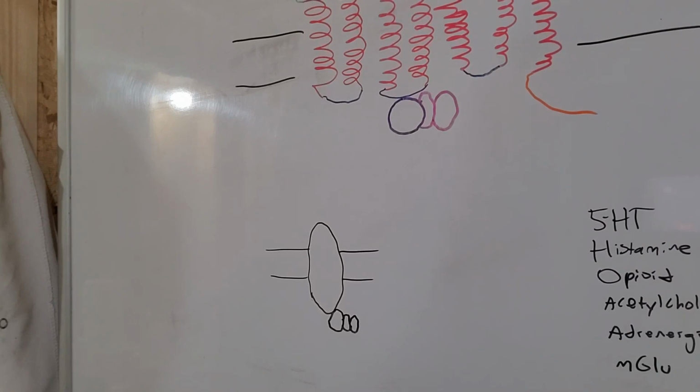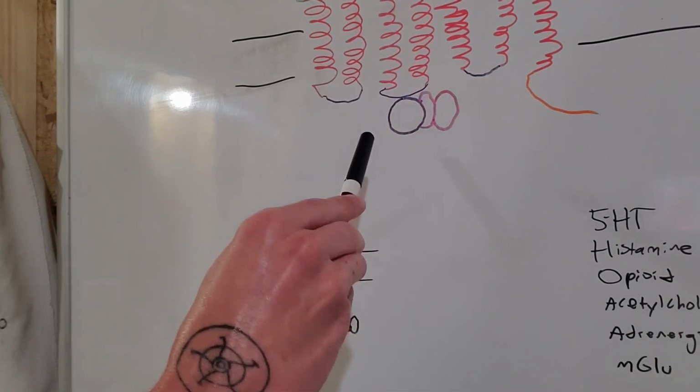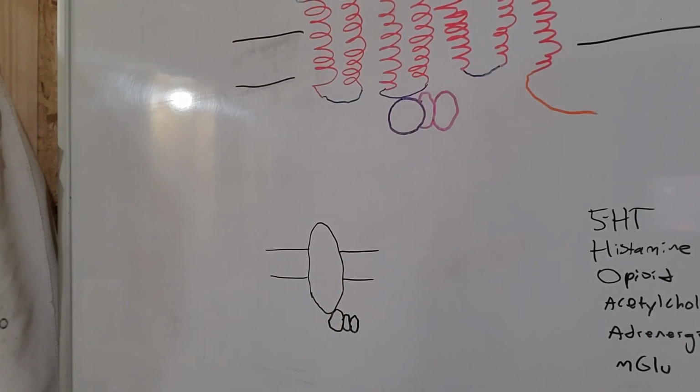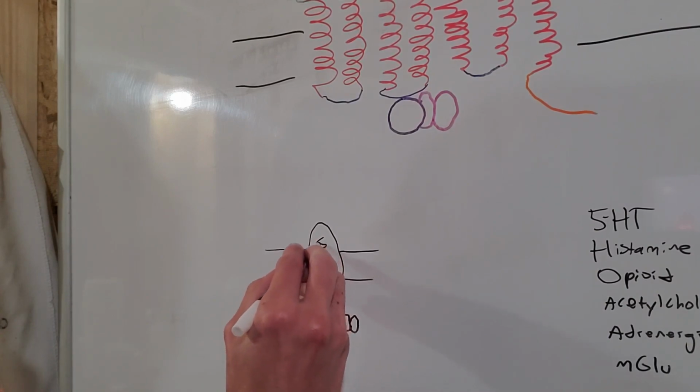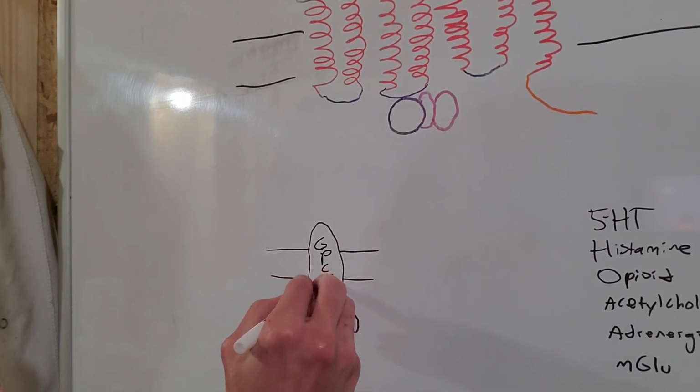But this right here is just a simplified rendition of this. Of course, these are all artistic renditions made for the purpose of explanation. In reality, the receptors occupy 3D space, and they're not going to look anything like this. This is more to illustrate the concepts behind how they work. So right here we have the GPCR.